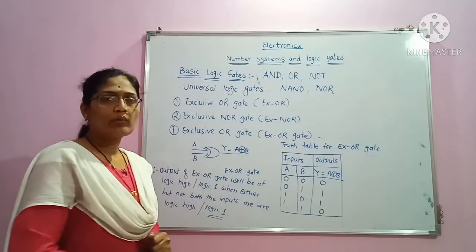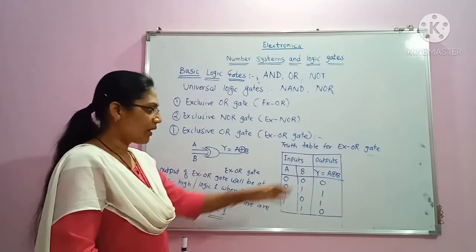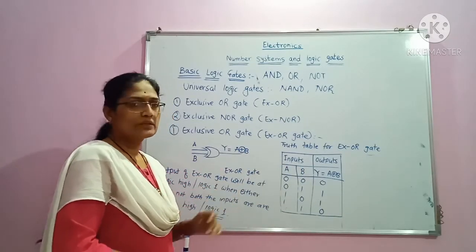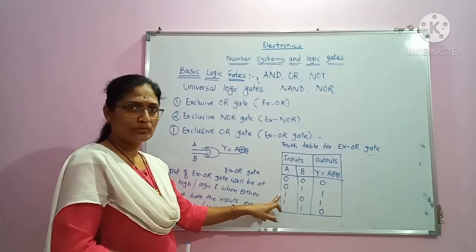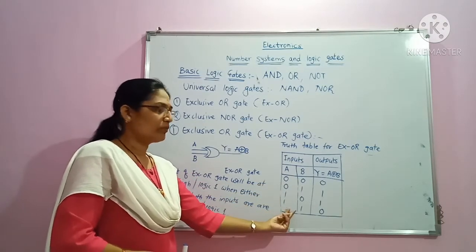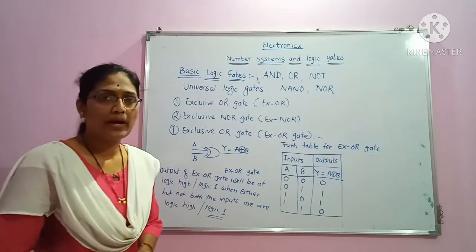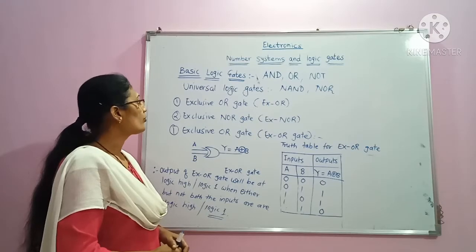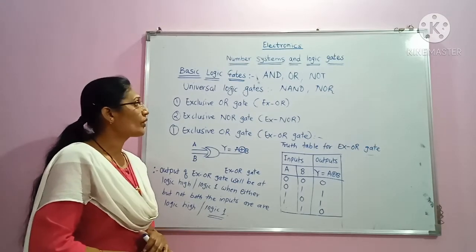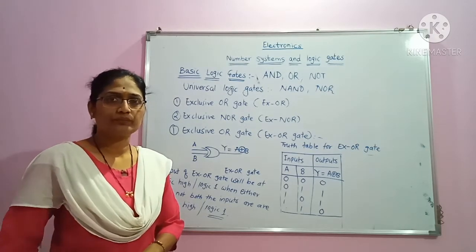So in order to have a high output, inputs should be selected such that either of the inputs is at logic 1 but not both. This is the conclusion drawn from the exclusive OR gate truth table.